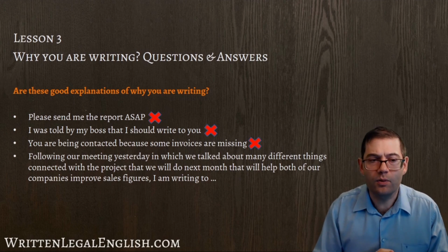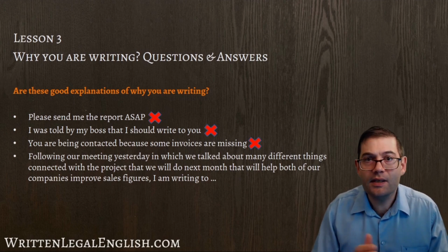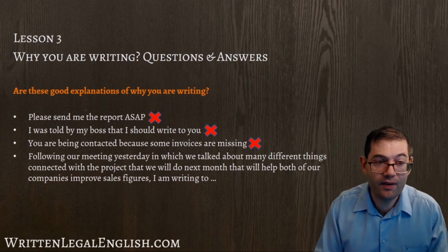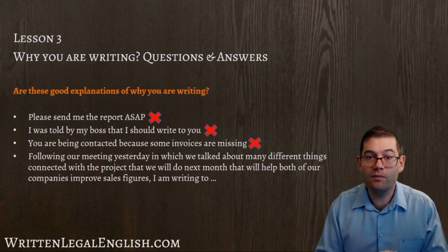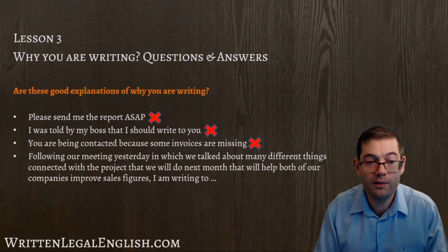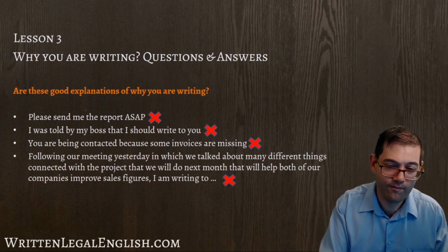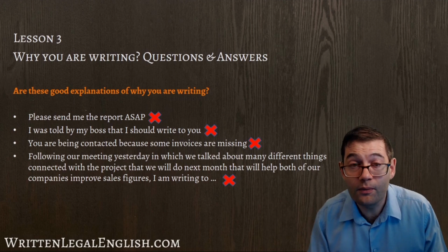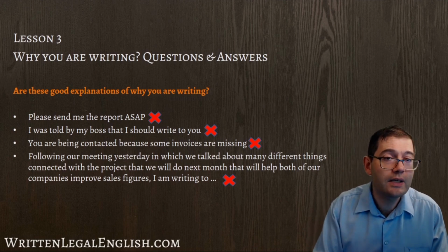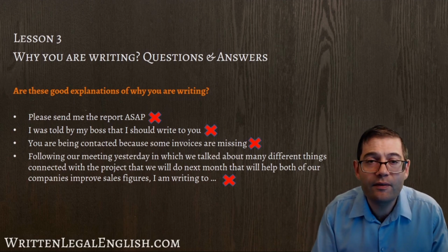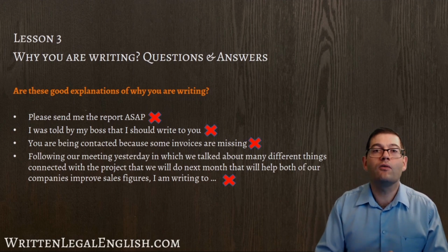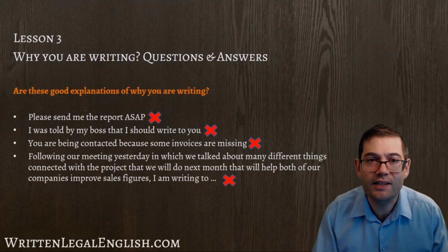This last example. Following our meeting yesterday, in which we talked about many different things connected with the project that we will do next month that will help both of our companies improve sales figures, I am writing to. No. Far too much information. We don't need background here. We just need to know why the person is writing.